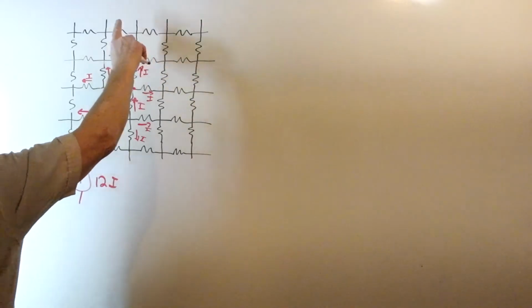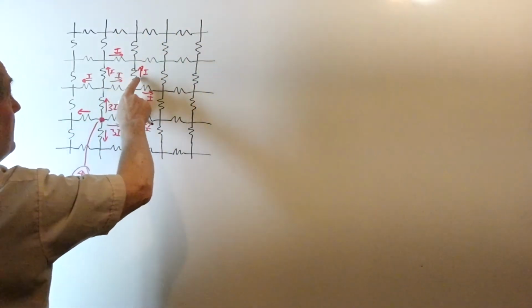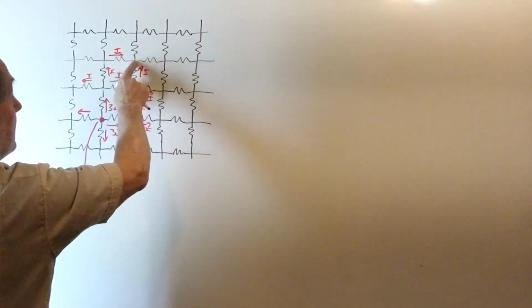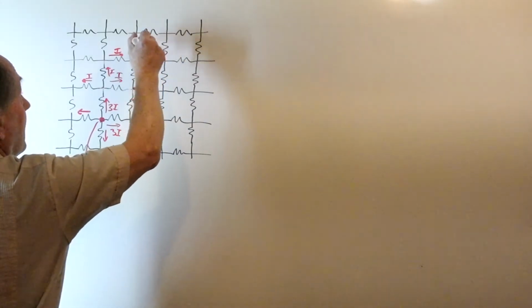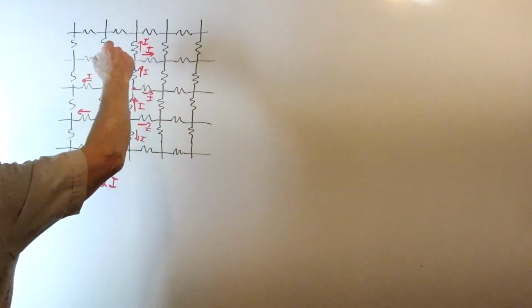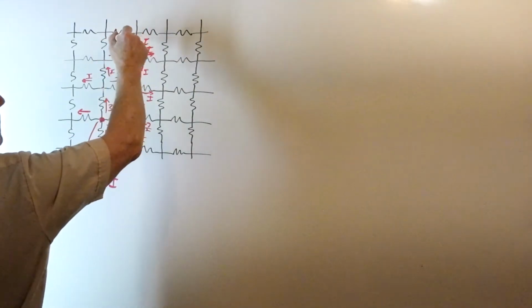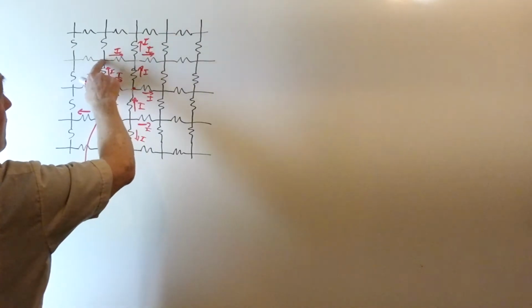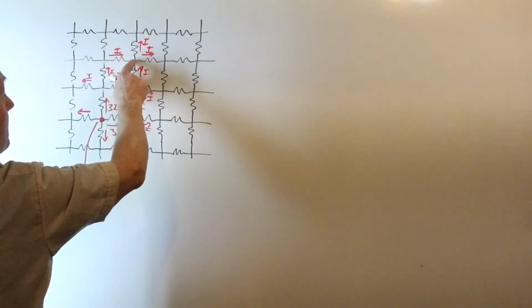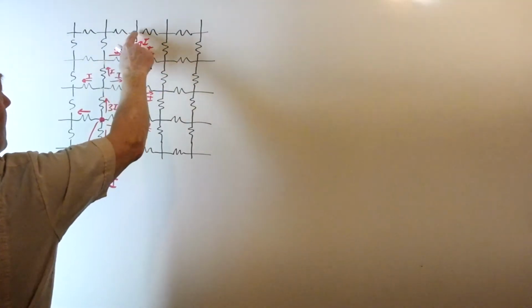We have the same problem if we go this way. We have I and I coming in, so we have to have I leaving and another I leaving. Then Kirchhoff's voltage law going around these two paths from here to here, we have I times R plus I times R, or 2IR from here to here.